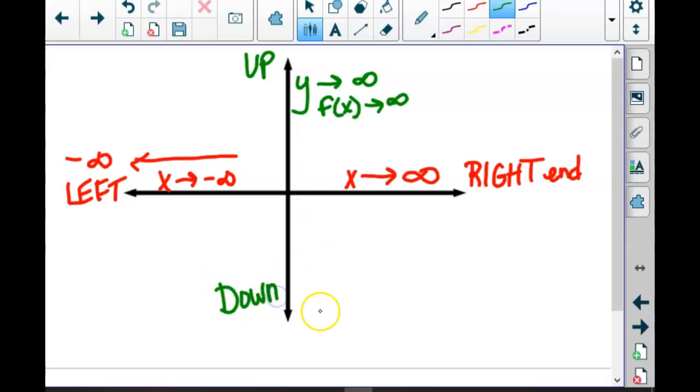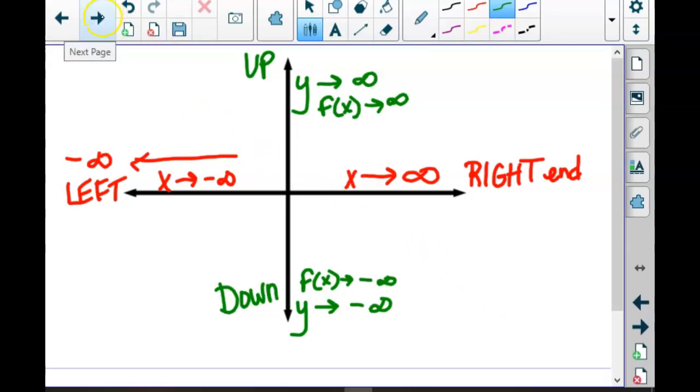Is down an x or a y? Y-axis is pointing down, and it would be getting more and more negative. Either one, f of x or y, is getting more and more negative. Everybody can translate those 4 words? Symbols, words, back and forth.